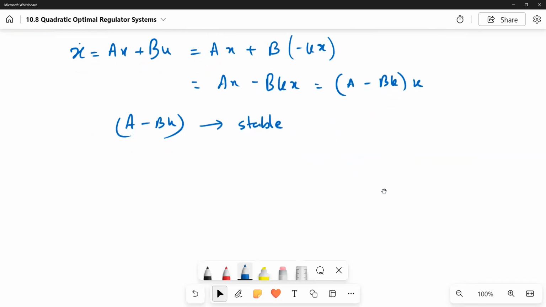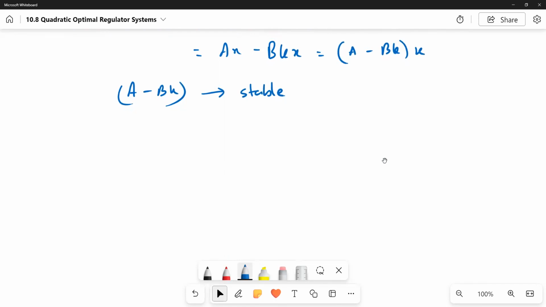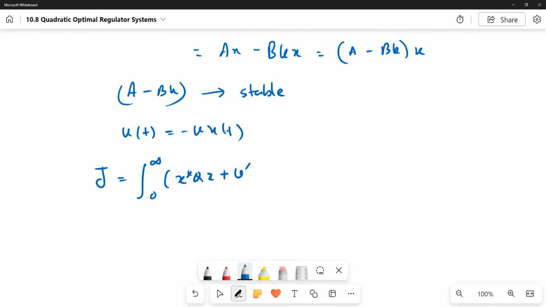Now we also have to substitute this value of u into our performance index. So u(t) is minus Kx(t). We plug that into our performance index function J, the integration from 0 to infinity of x star Qx plus u star Ru dt.